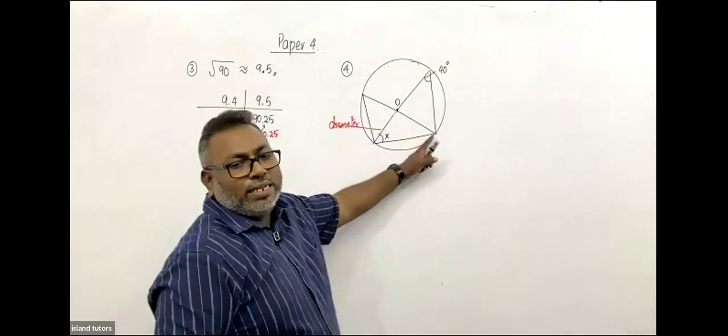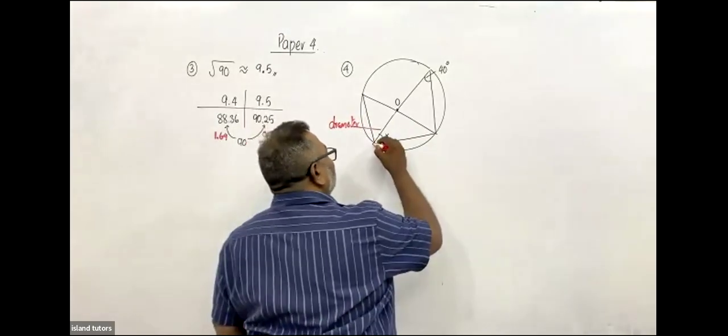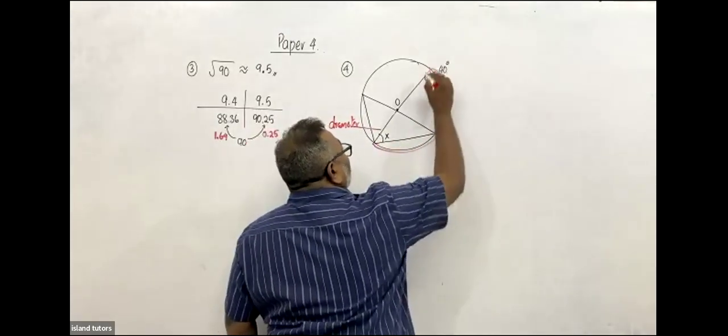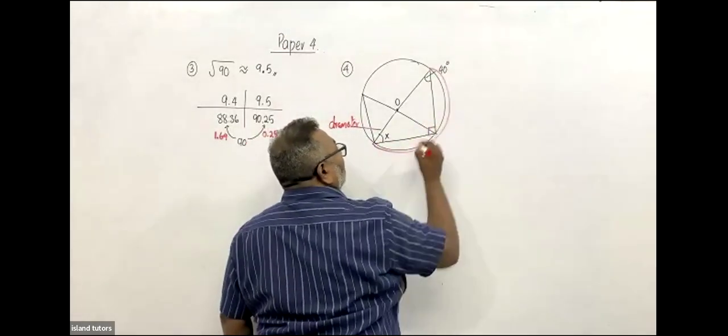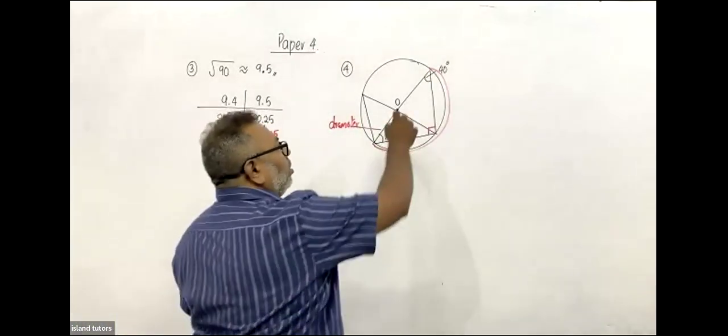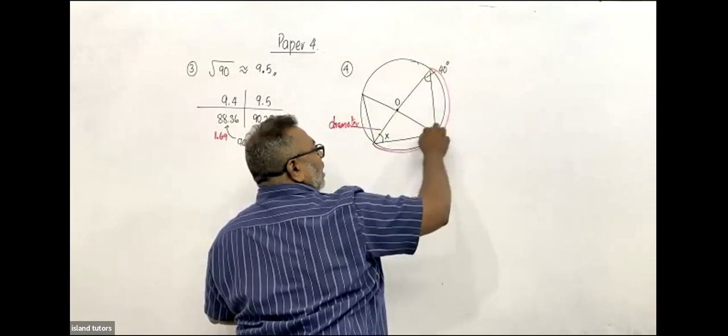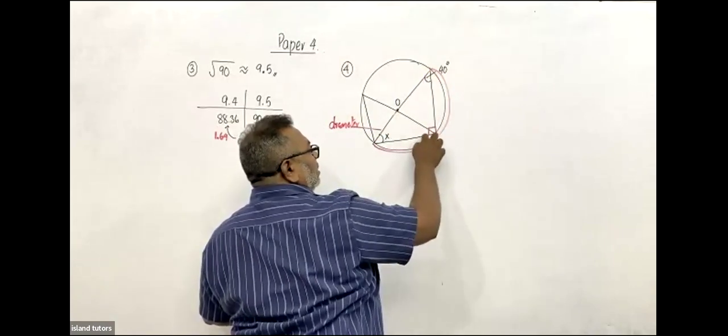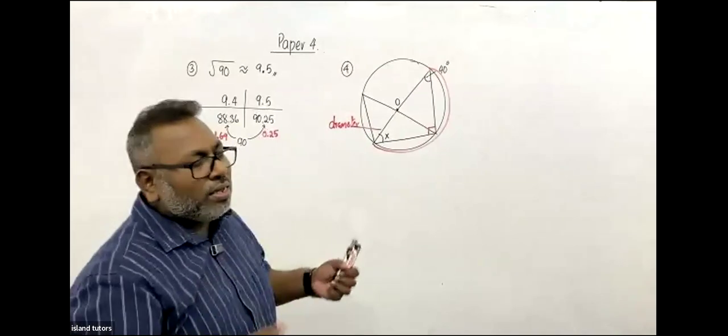So this is your semicircle. So an angle in a semicircle is a 90-degree angle. Therefore, if you take this triangle, this is 40, this is 90, then x is going to be the difference.